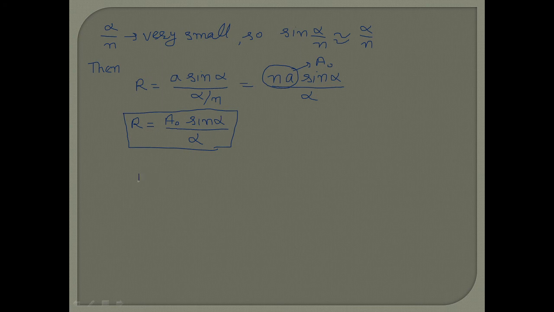As we know that I is equal to amplitude square. So I is equal to A naught square sin square alpha divided by alpha square.